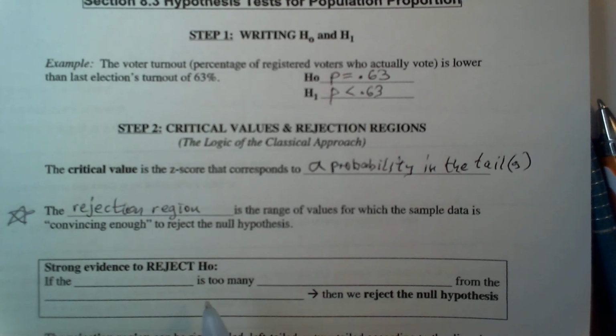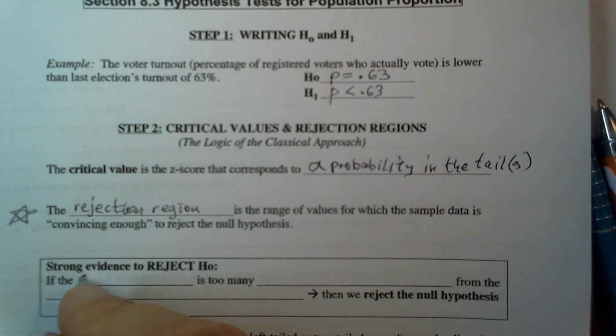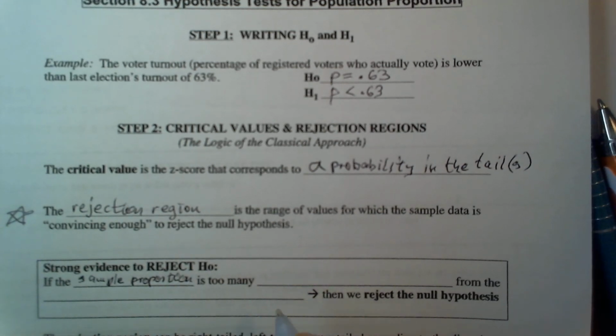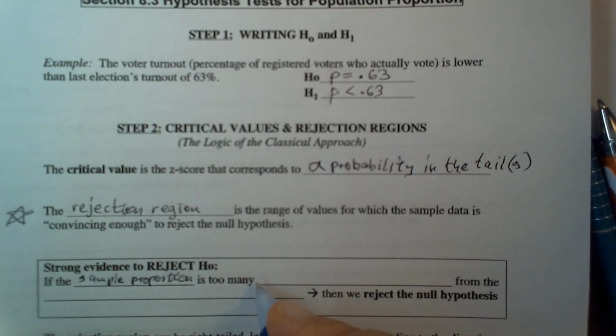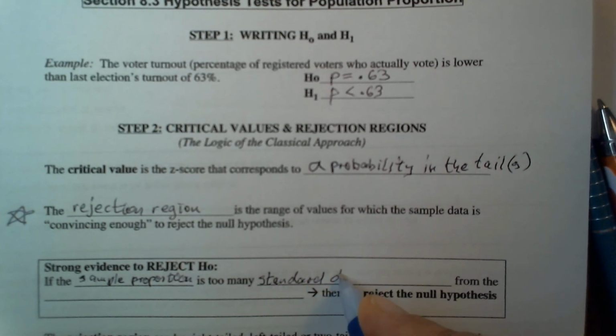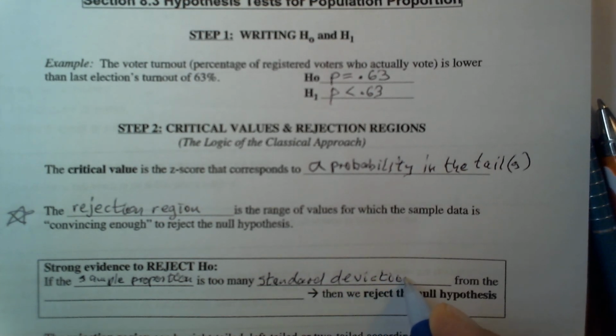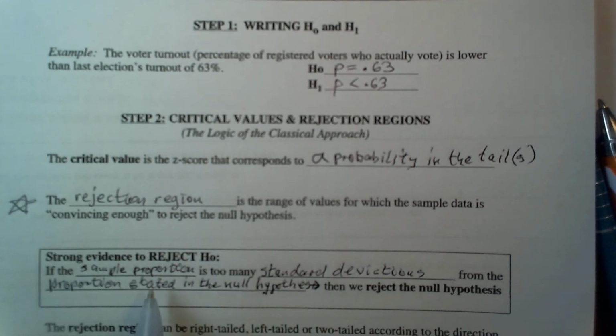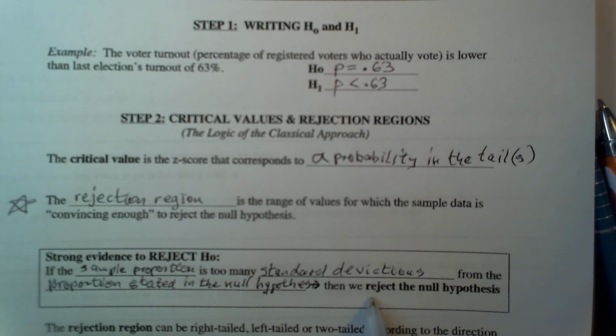So we have strong evidence to reject the null hypothesis if the sample proportion is too many standard deviations from the proportion stated in the null hypothesis.